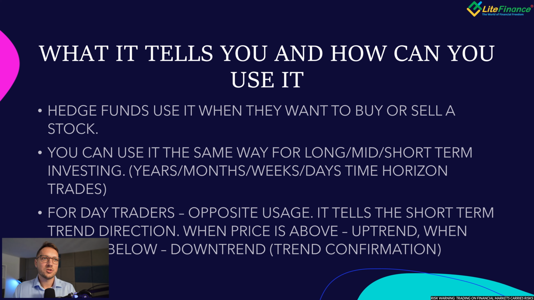So how you can use it, we talked about it briefly, but the hedge funds, as I said in the beginning, use it to determine the moments when they want to go in or go out of a trade. But when you are a hedge fund, you don't want to expose your positions to other participants of the market. Therefore, it could be used against you.